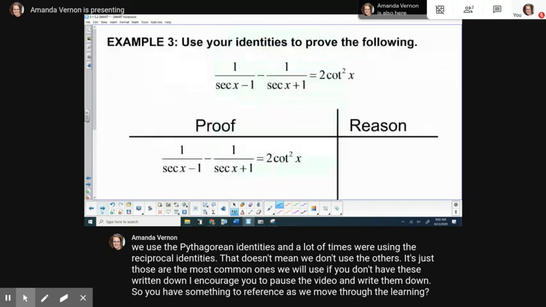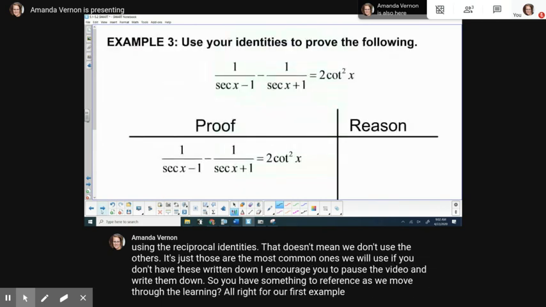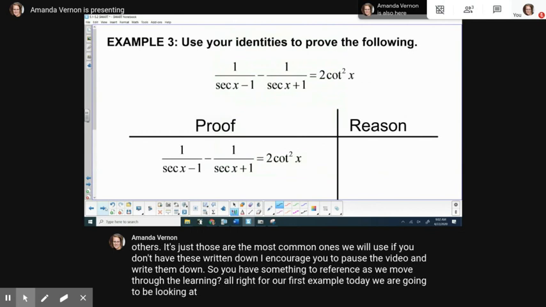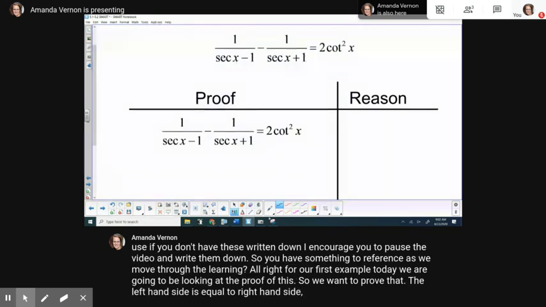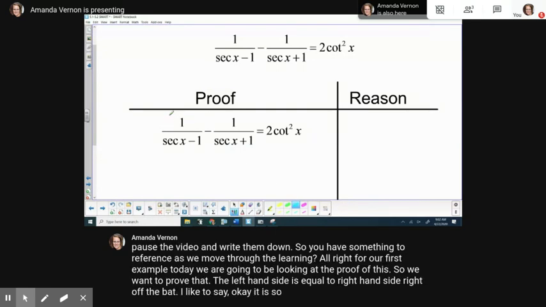All right. For our first example today, we are going to be looking at the proof of this. So we want to prove that the left-hand side is equal to the right-hand side. Right off the bat, it is so very clear to me that this is indeed the more complicated side of this problem.